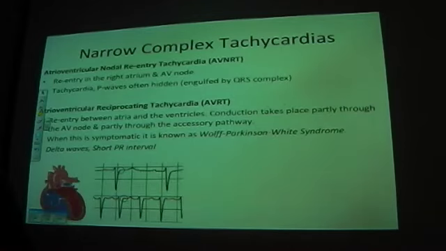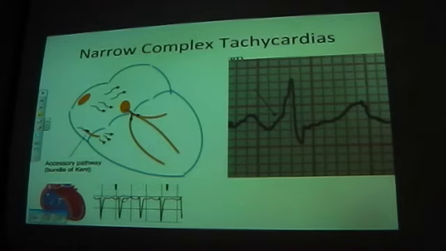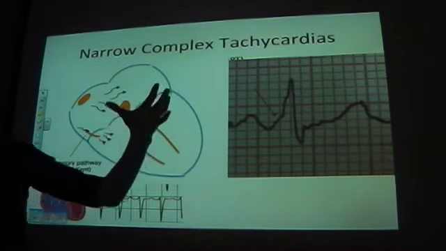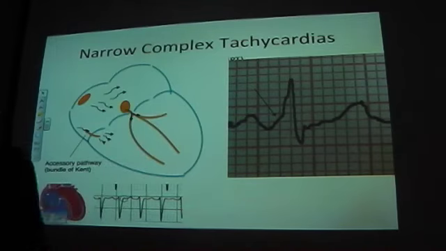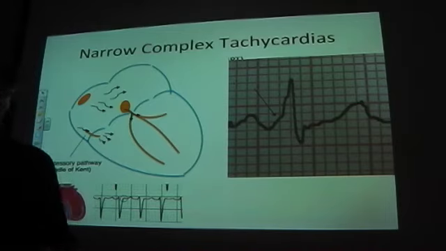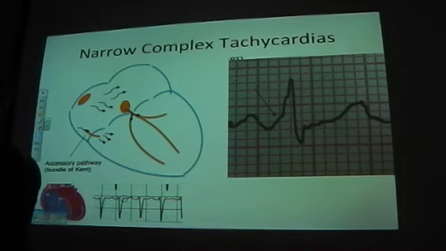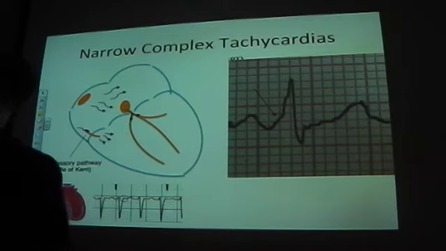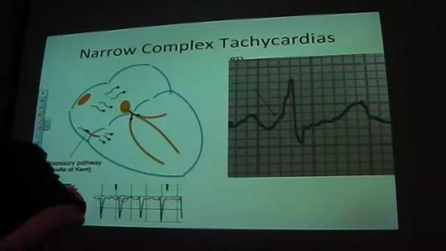The second one, atrioventricular reciprocating tachycardia, which is Wolff-Parkinson-White if it's symptomatic. Here you're getting the delta waves. This is because you've got this accessory pathway going through here. The accessory pathway, for reasons unknown to me at least, has a very high conduction rate. So the ventricles are activated very quickly through the accessory pathway, but also through the normal pathway in the middle.